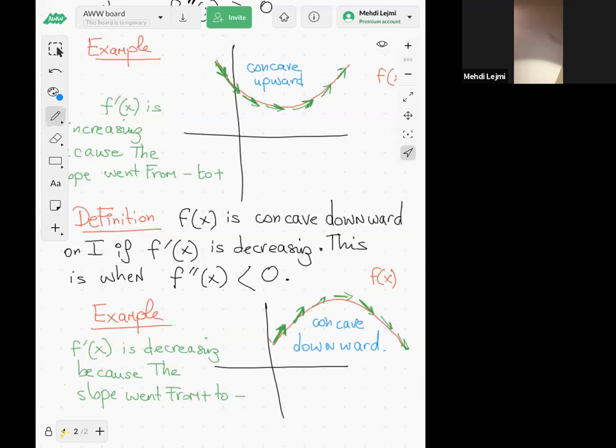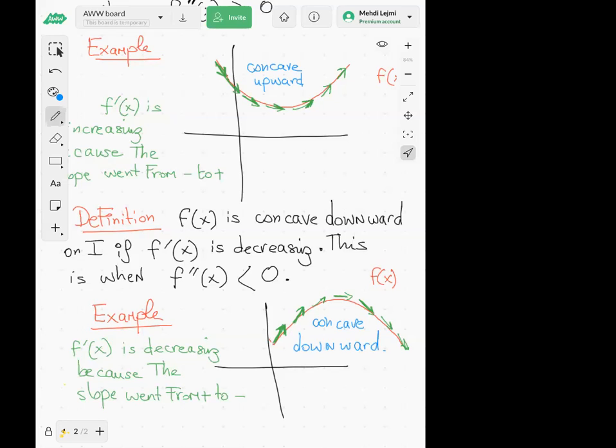Okay. So that's what I mean by concave upward and concave downward.